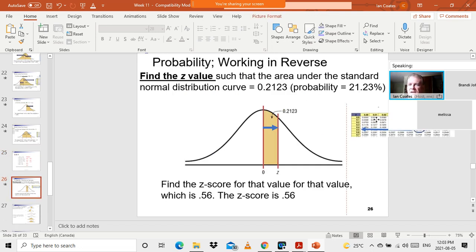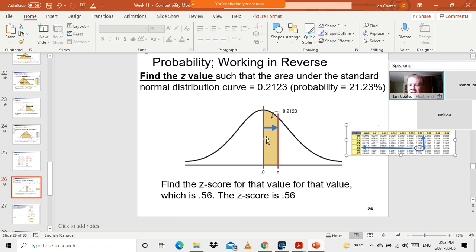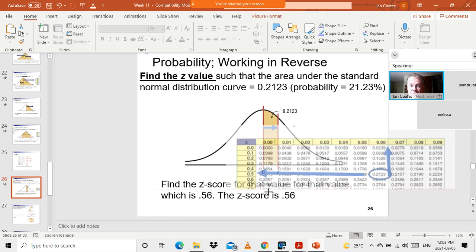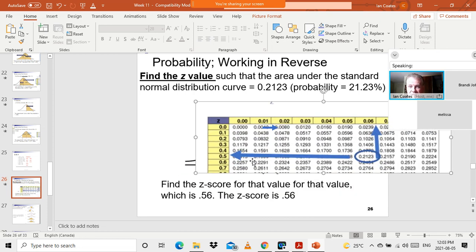This one here is opposite. Here I've given you the probability, the area under the curve, and I'm asking you to find the z-score. Well, you'll see here by the arrows, you're just working backwards. So if your area here is 0.2123, you just go through the entire table and find 0.2123 or closest to it.